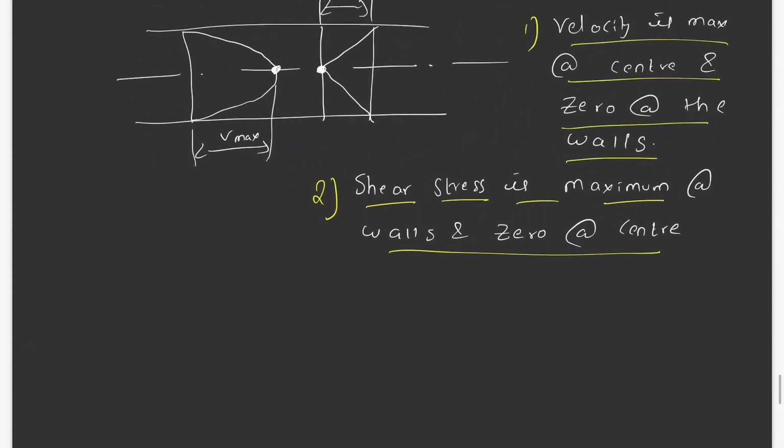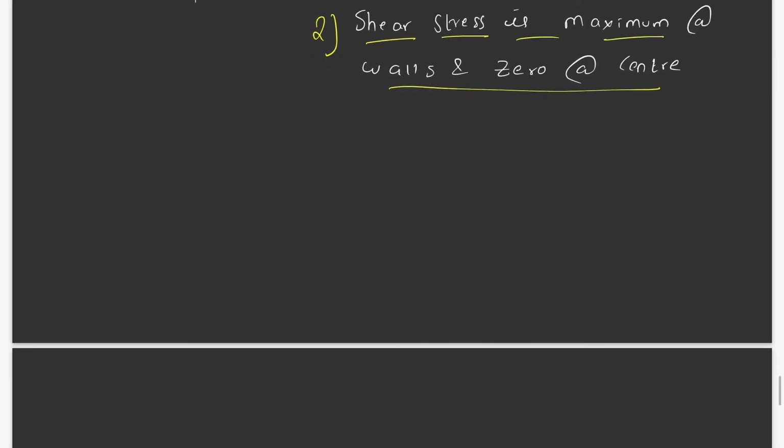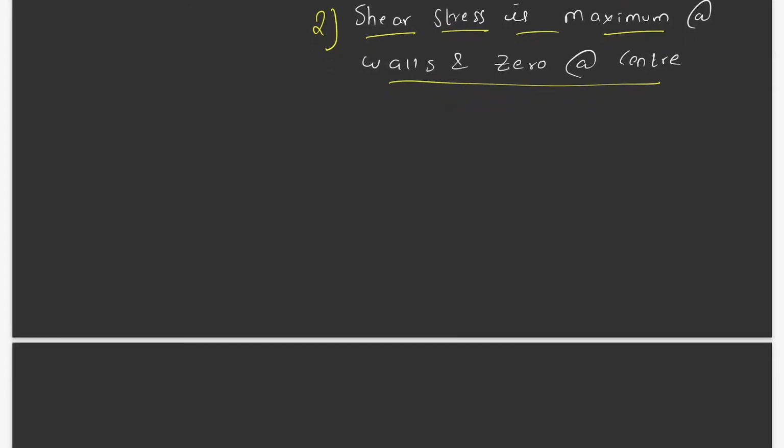Let's go about finding maximum velocity. To find maximum velocity, what will we do? V max is at the center. Center means here y is equal to t by 2. This changes. In pipe we saw small r is equal to 0 at center, whereas here we are taking it as y is equal to t by 2.